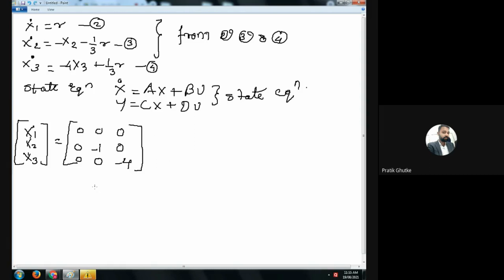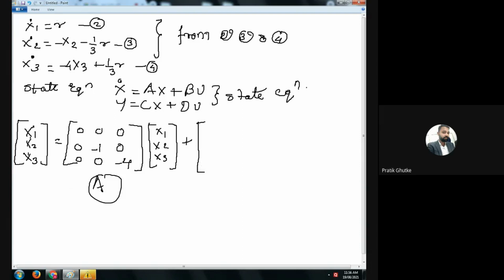Okay, you have drawn the A matrix, A into X. So X would be X1, X2, X3. Okay, AX plus BU. So what is my B matrix? From equation 2, 3 and 4, see here you are having R term.